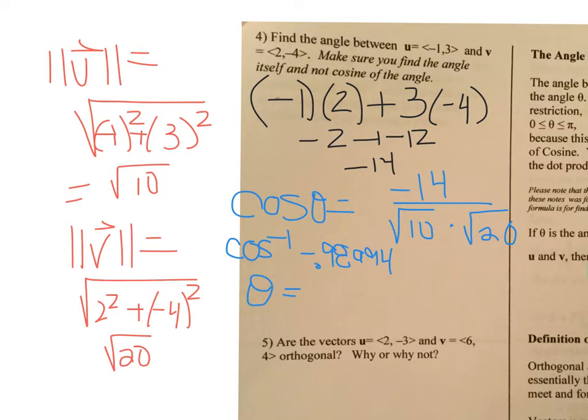So my radian answer should have been 2.9997, but I really want a degree answer, so I'm going to multiply my answer by 180, and then divide by pi. And so theta, the angle between these two vectors, is 171.87 degrees, rounded.